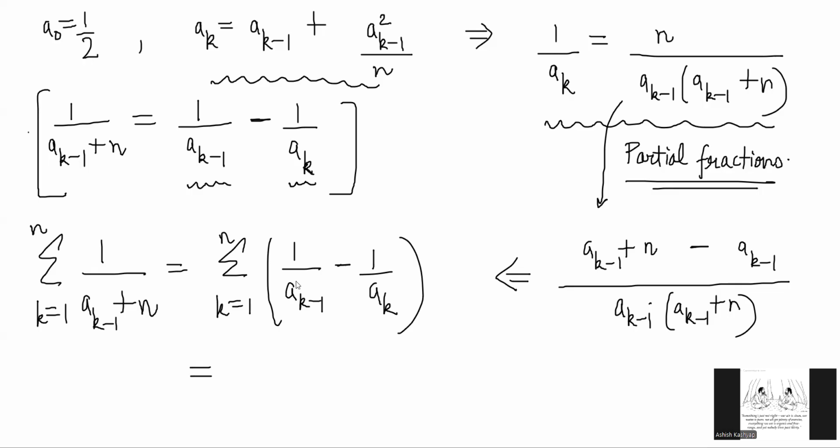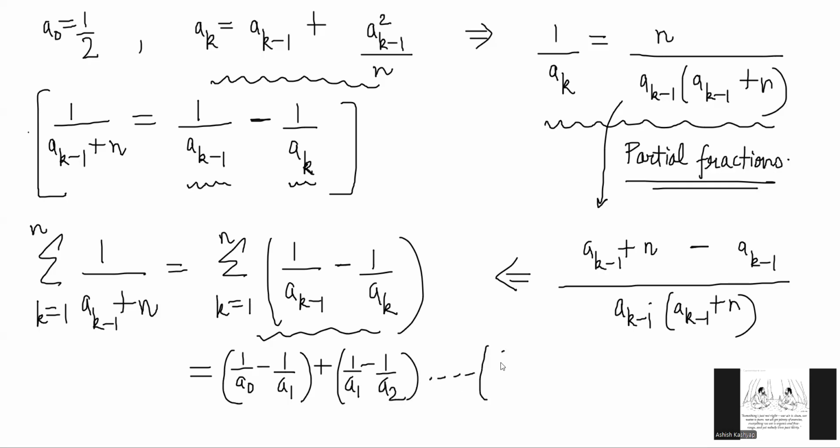This side is a nice telescoping series. You get 1 by A0 minus 1 by A1 plus 1 by A1 minus 1 by A2 and so on, till 1 by A(n−1) minus 1 by An.